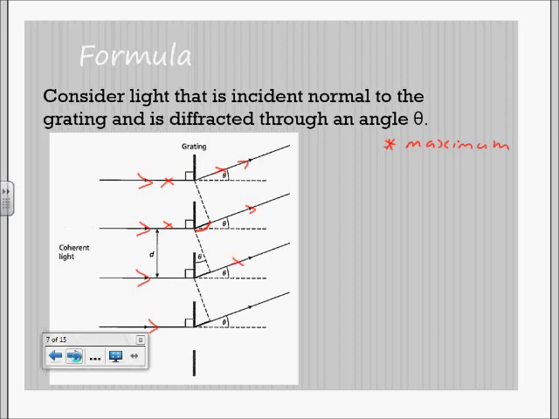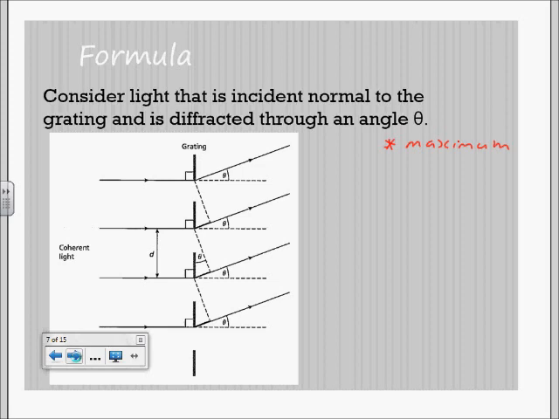This next ray down travels the same amount extra. The next ray down, the same amount extra, and so on. That little amount extra then is what we call the path difference. Right? It just depends on what that path difference is as to whether we get a fringe form.